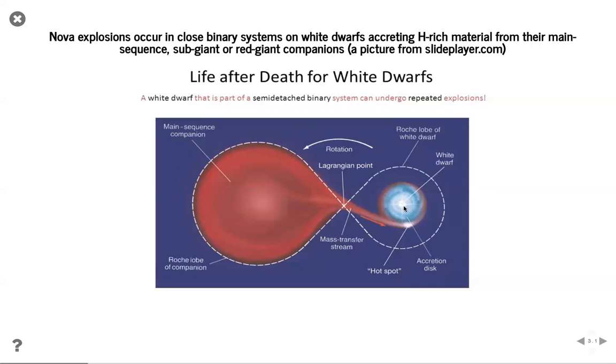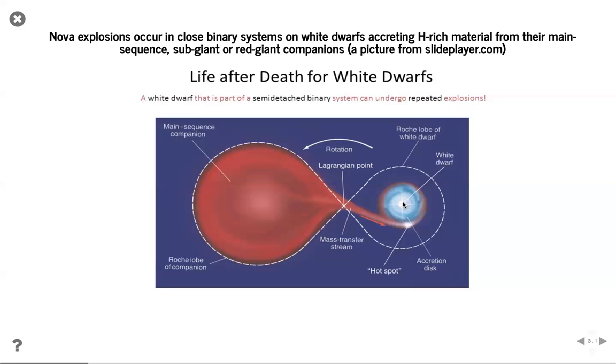If a white dwarf is a single star without a companion, then it will just cool down and will gradually die, become a black dwarf as its temperature goes down. But this takes a very long time, cooling down of single white dwarfs.